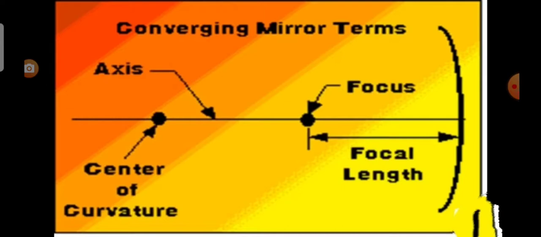This point is called the focus or principal focus. It is also known as the focal point. It is denoted by the letter F. Then focal length: the distance between the pole and the principal focus is called the focal length. Focal length equals radius of curvature divided by 2.